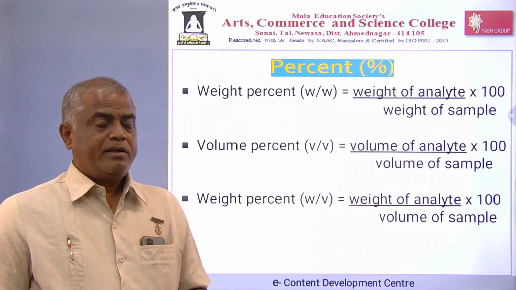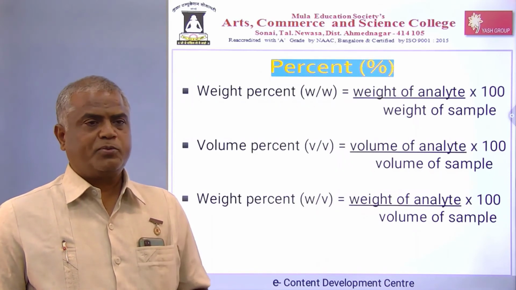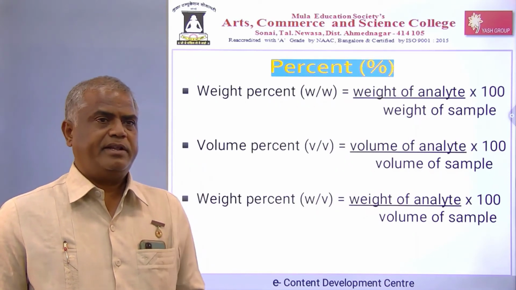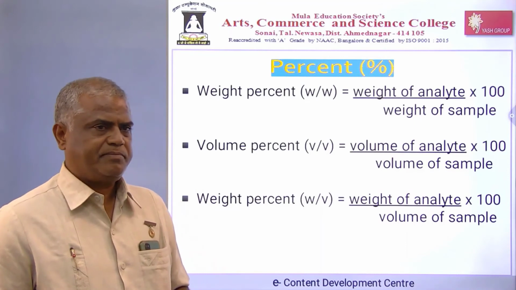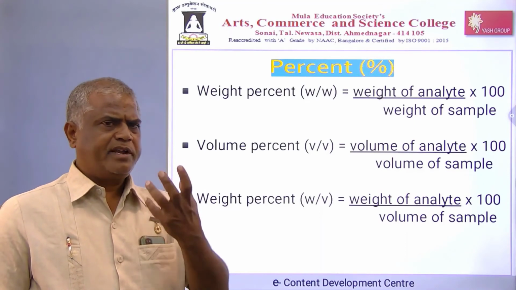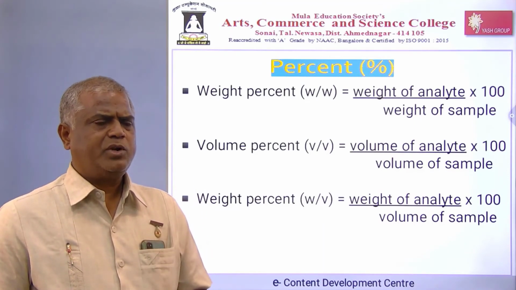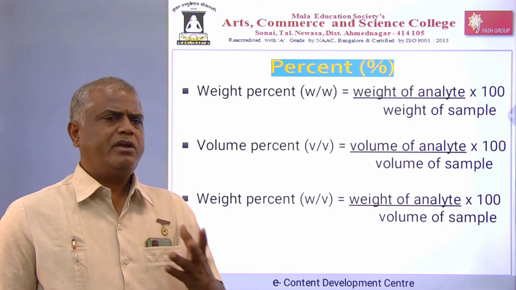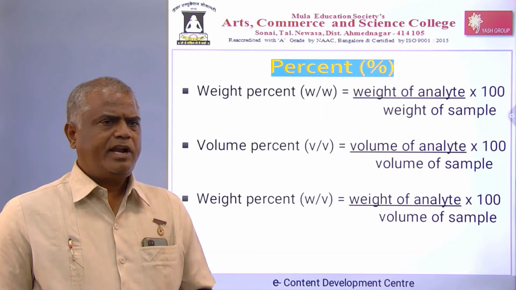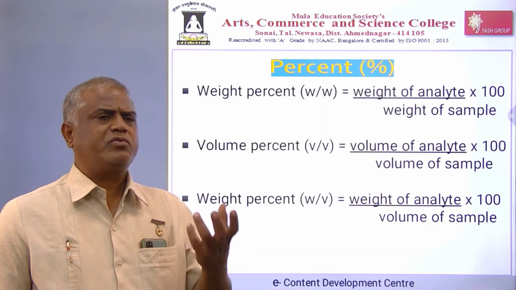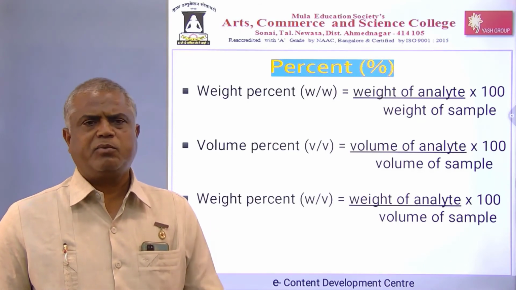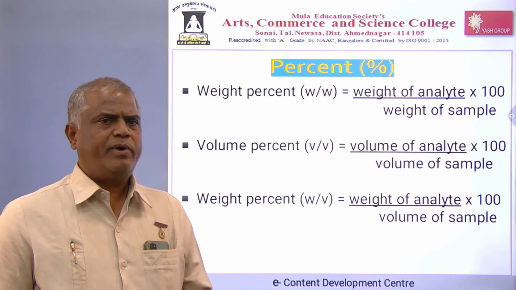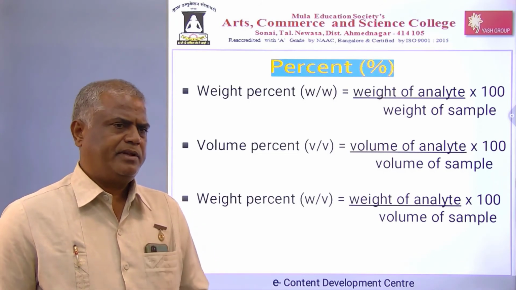Now the concentration of a solution can be expressed in a third way, that is percent concentration. How is percent concentration expressed? There are 3 different ways: weight by weight, volume by volume, and weight by volume. The first, weight by weight, is called weight percent: weight percent equals weight of analyte divided by weight of sample multiplied by 100.